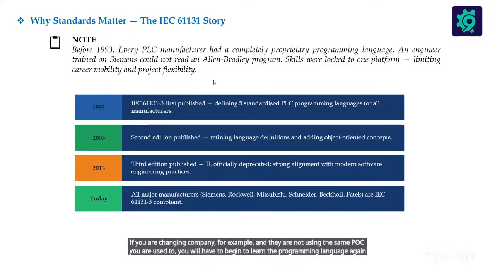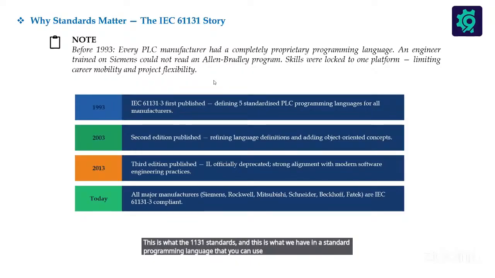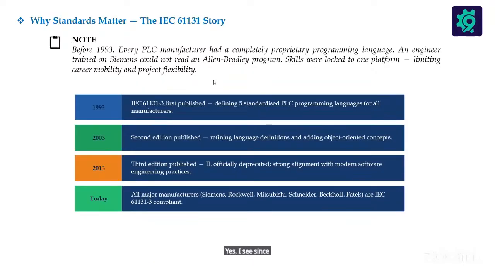So this is what the 61131 standard fixed, having a standard programming language that you can use. In 1993, IEC 61131 was first published, defining 5 standard PLC programming languages for all manufacturers.